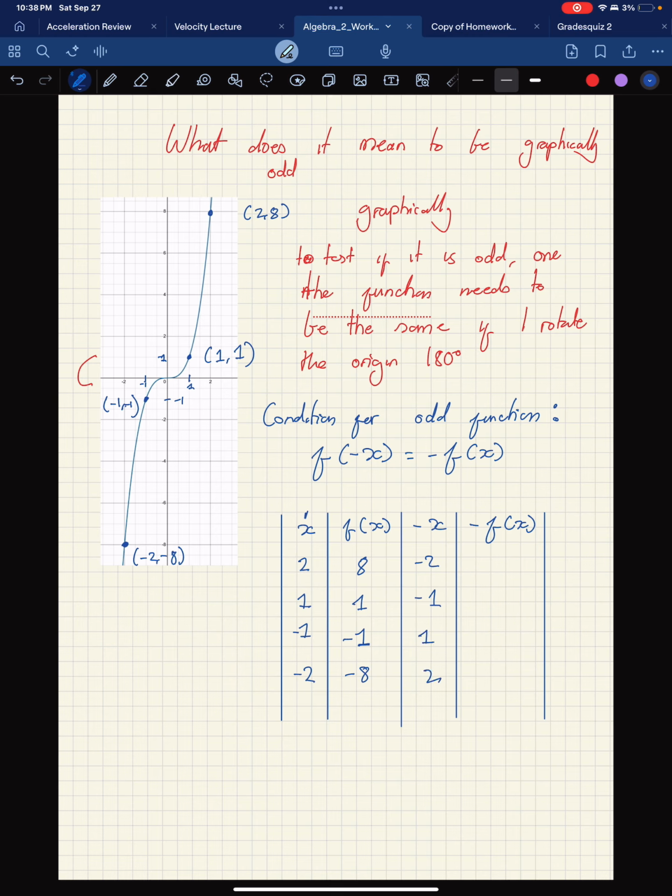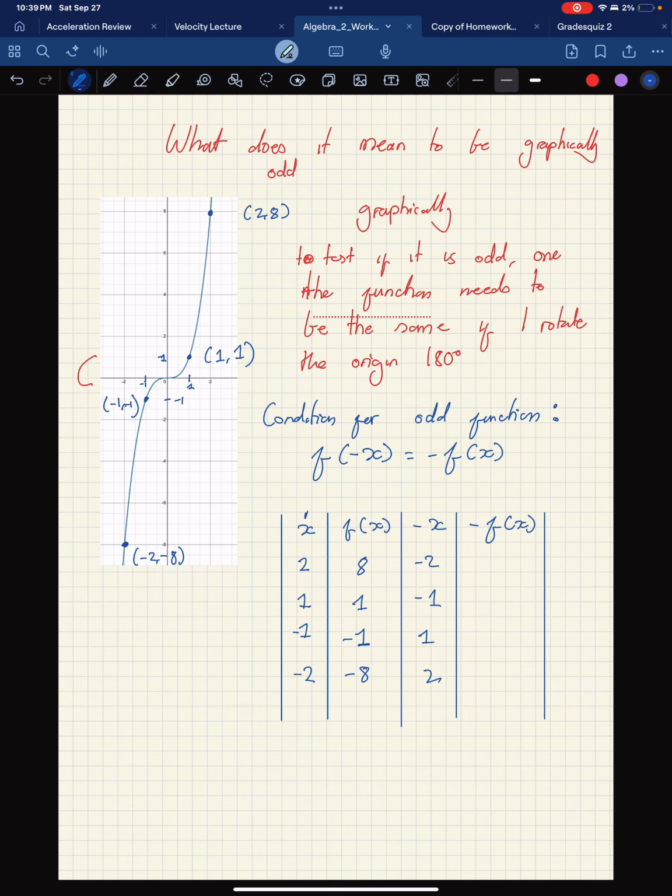Now, odd functions tell us that if we negate our x values, we will get a negated set of y values for our function, that will multiply by -1.